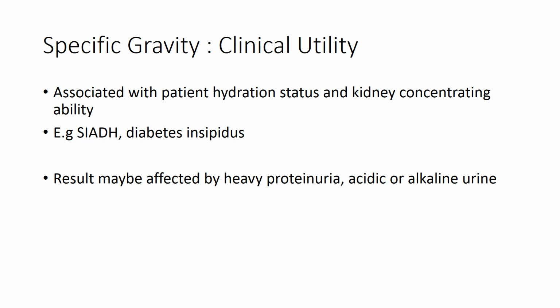But it's important to bear in mind that the reading of the specific gravity may be affected in patients who have heavy proteinuria, who received contrast studies, patients who may be diabetic and have a high sugar, patients who have acidic or alkaline urine.